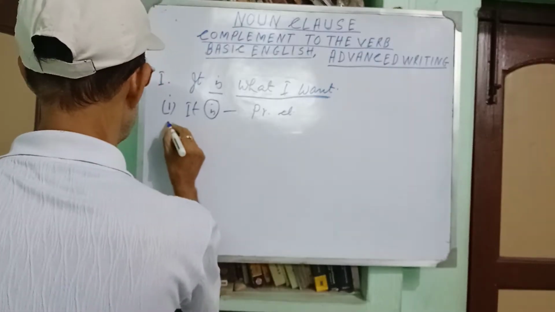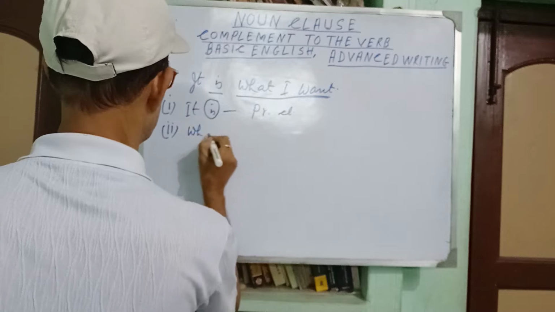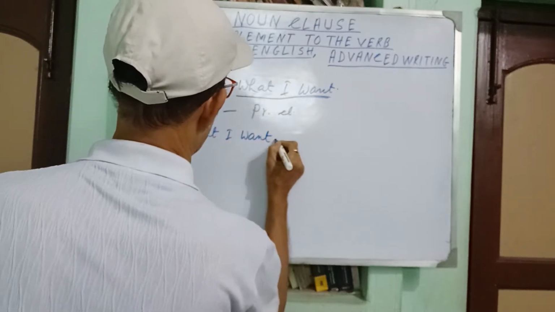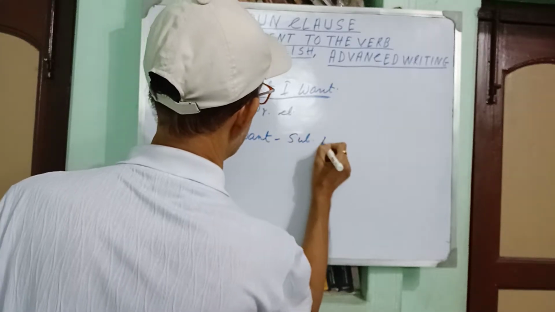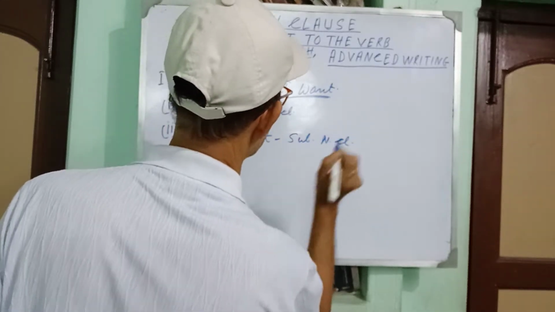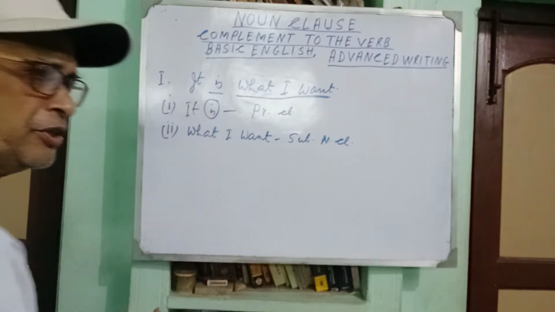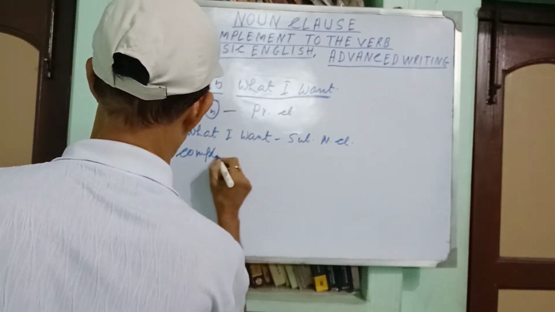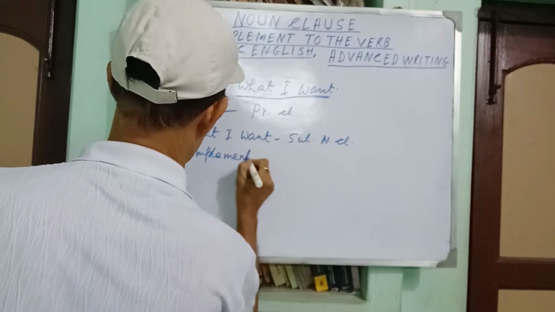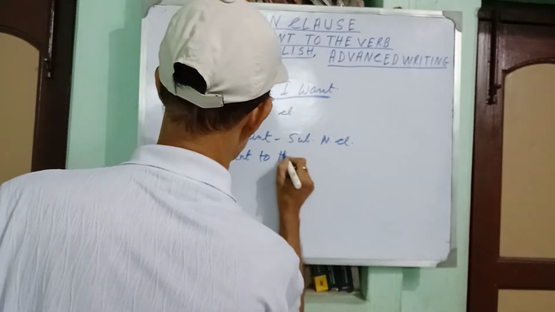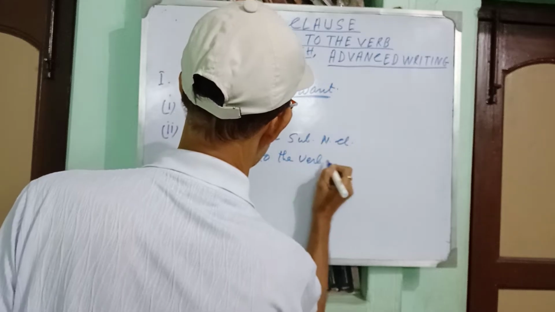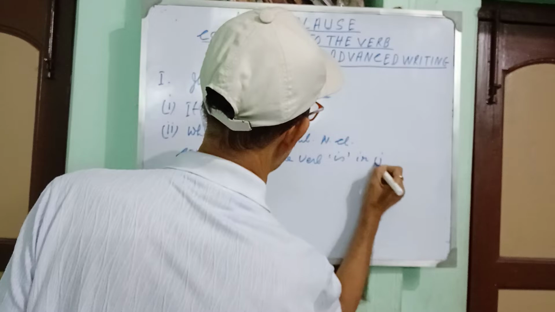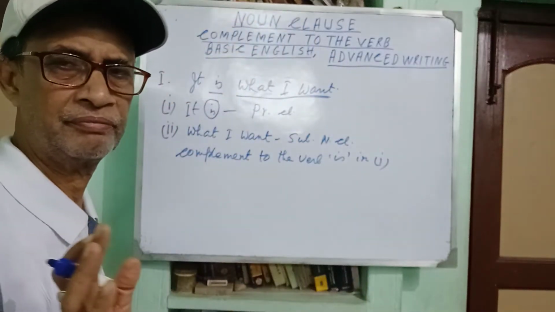So, what I want is a subordinate noun clause and complement to the verb is in clause number 1.